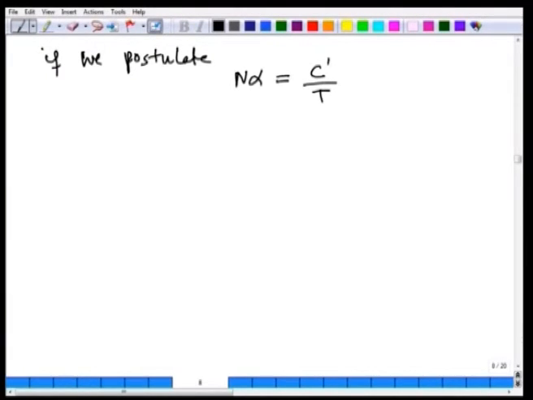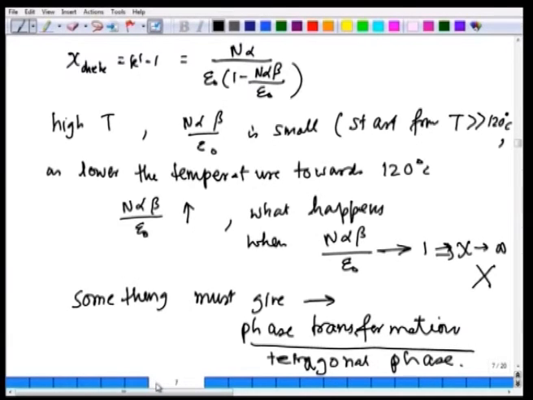So, if you postulate that it is inversely proportional to the power 1 of T, then we can write the dielectric susceptibility, or dielectric constant, as C prime by T divided by epsilon naught. Remember, what I am doing is substituting in here for n alpha, into this expression.